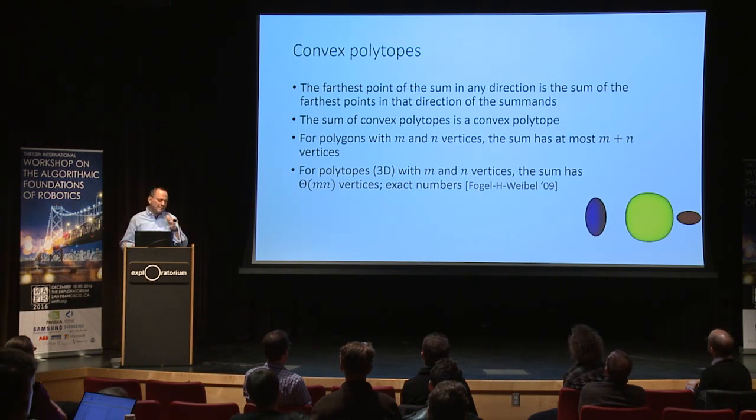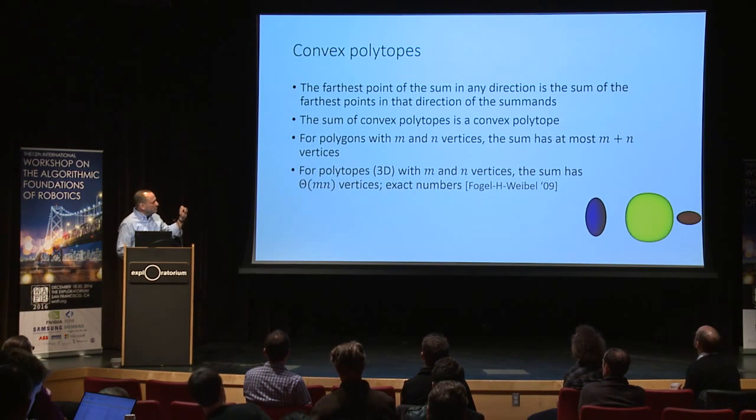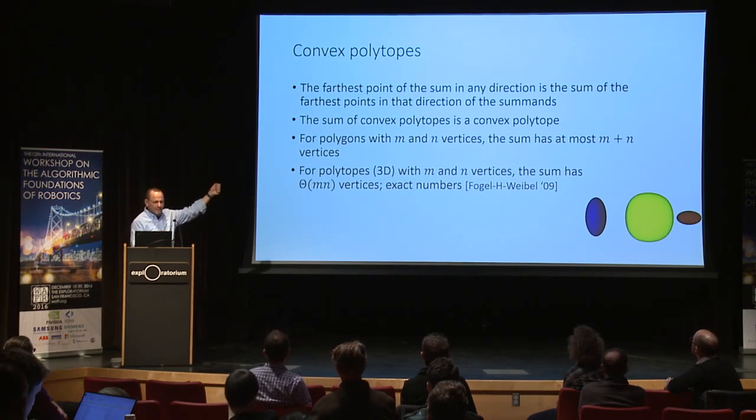And the reason is that if you want to know what's the boundary point of the Minkowski sum in a certain direction D in space, all you have to do is to go to the 2 summands and look for the farthest point in that direction in the 2 summands and sum these 2 vectors. And you get the appropriate point on the boundary of the convex polytope.